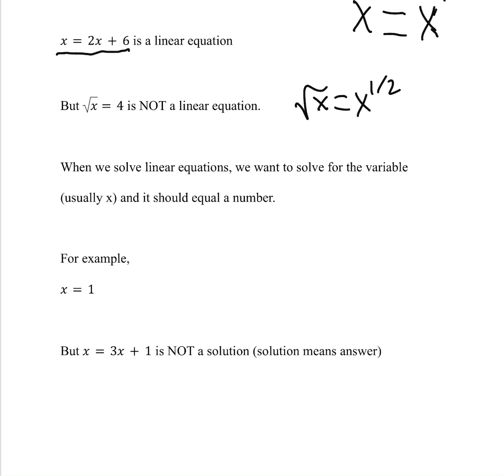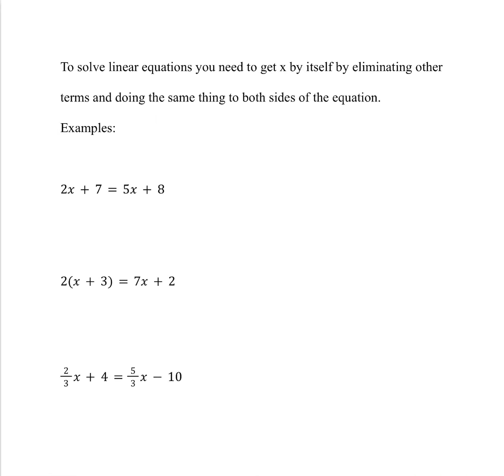And when we look at the bottom example, x equals 3x plus 1 is not a solution because you still have x equaling something else with an x in it. That doesn't tell me anything about what number x is.